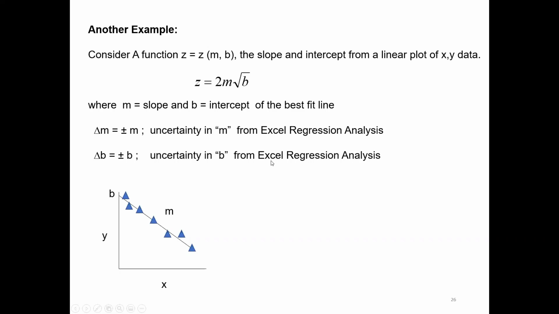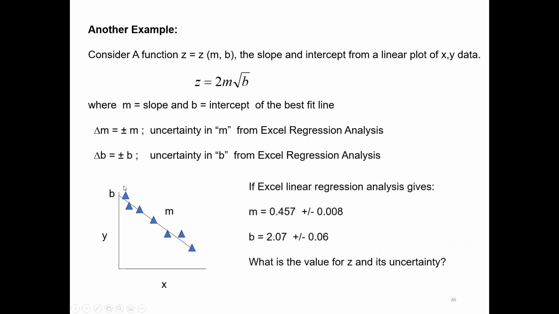Remember, in the toolpack, I can look for the value of m and b, as well as the uncertainty in m and b, right? I have this data, and we run the uncertainty, and I can find m equal to 0.457 plus minus 0.008, and the b equal to this value.